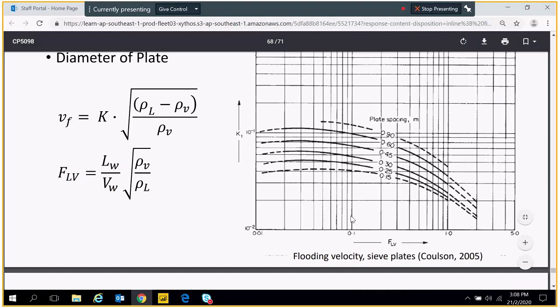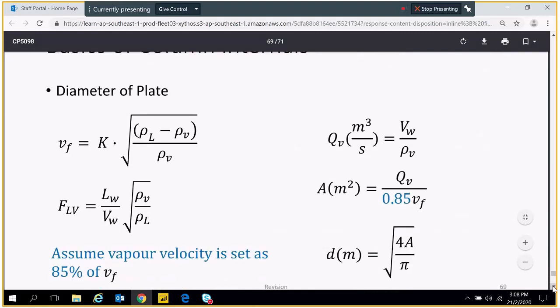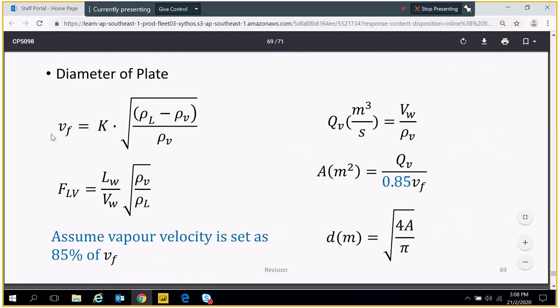That depends on the spacing, but in general, the K value will increase. So the VF, the vapor velocity at flooding condition, increases. I can afford to have a smaller cross-sectional area, meaning a smaller diameter, because my VF is now higher.